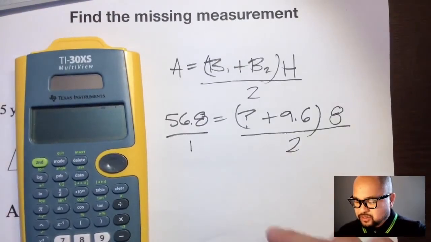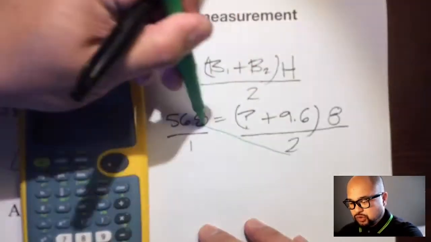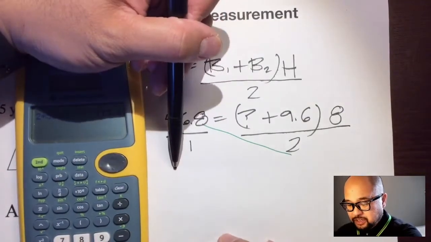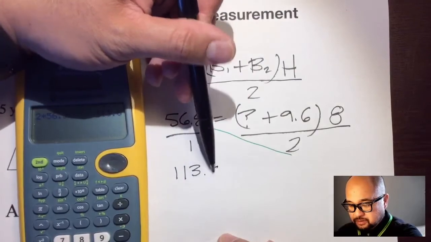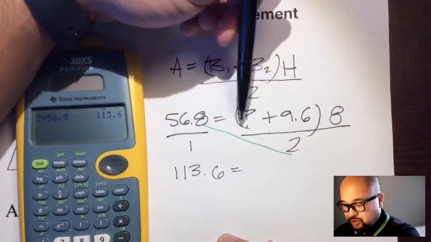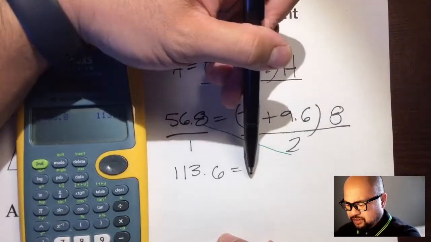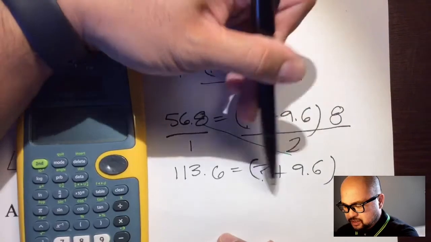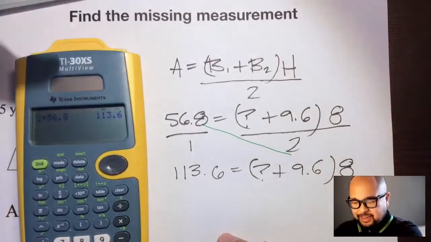So let's cross multiply. 2 times 56.8 is 113.6. Hopefully I pressed the right numbers. Yep. Is equal to 1 times all of this, which is just all of this. Question mark plus 9.6 times 8.